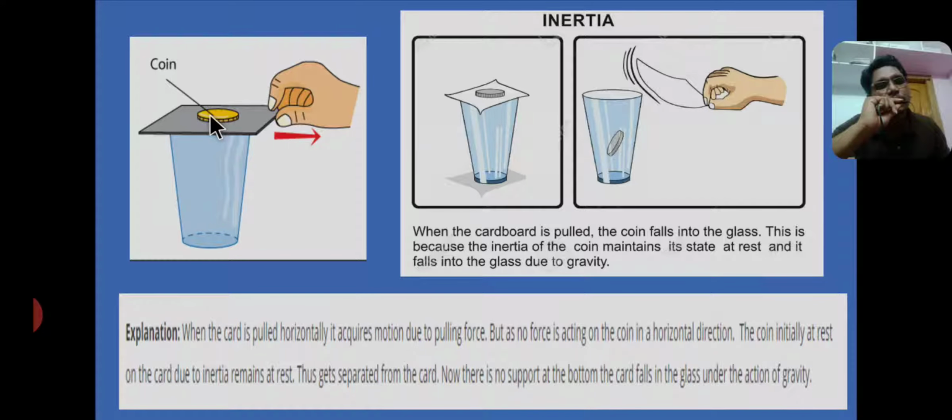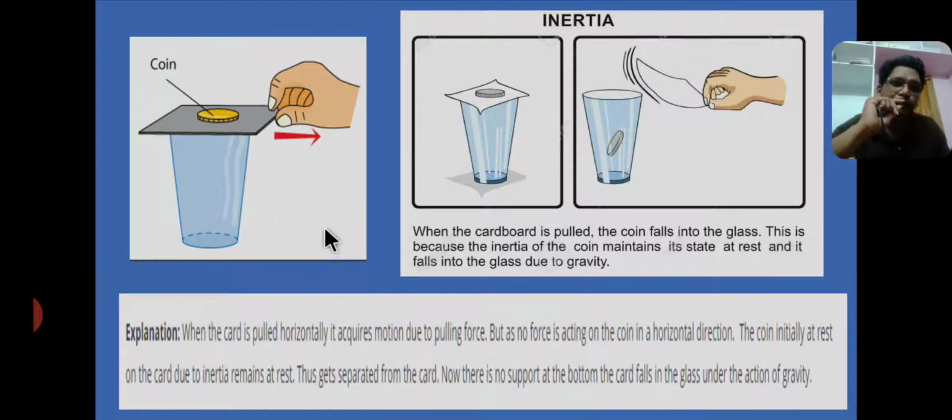The coin, initially at rest on the cardboard, due to inertia remains at rest, thus gets separated from the cardboard. Now there is no support at the bottom, so the coin falls into the glass under the action of gravity.